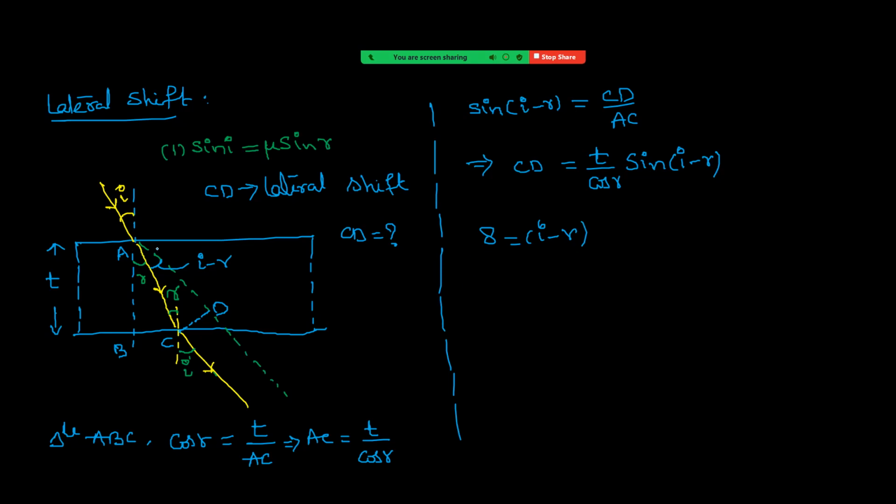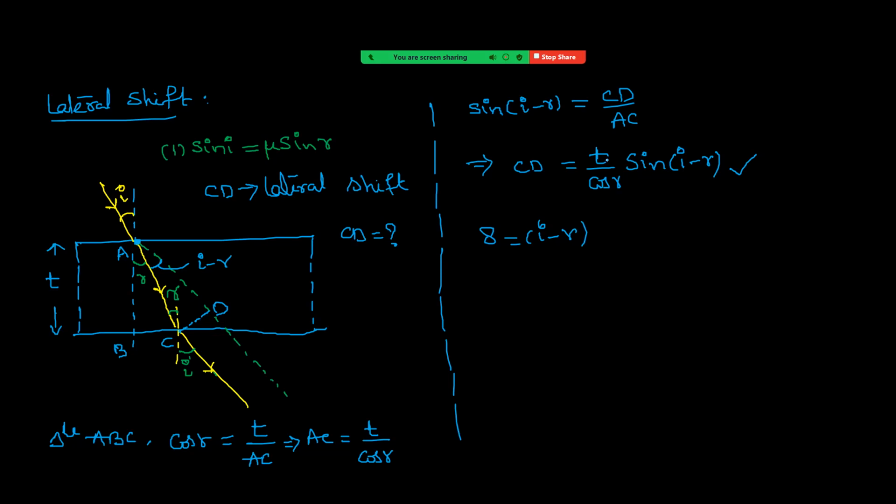And this deviation is because of refraction at this boundary. Finally, when it comes outside, there is no deviation. It is only shifting laterally, and that value is given by this.